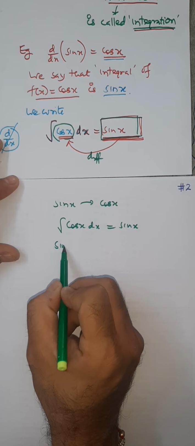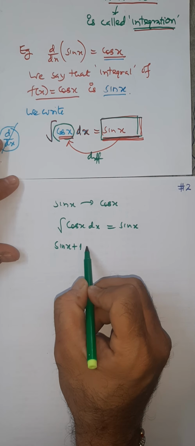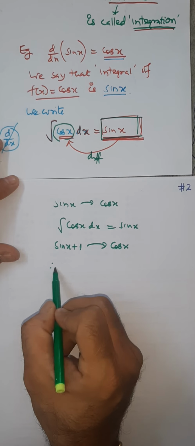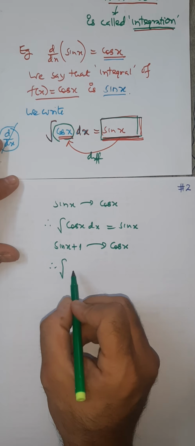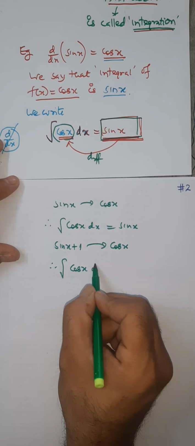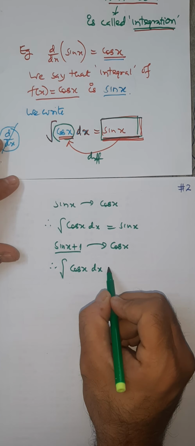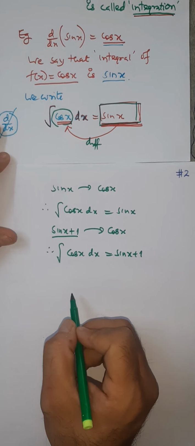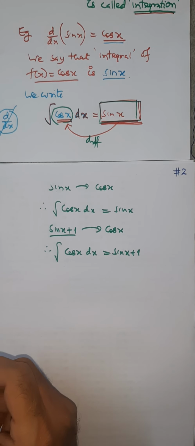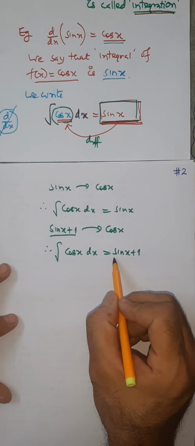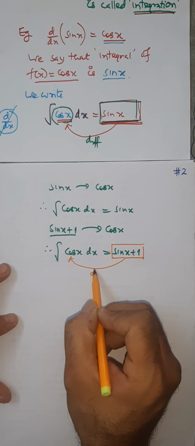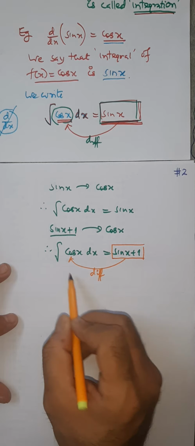If I write the differentiation of sin x plus 1, again I get cos x. Therefore I can say that the integral of cos x equals sin x plus 1. Why? The answer is very simple. You differentiate this function and you will get this. This is the antiderivative procedure, remember.